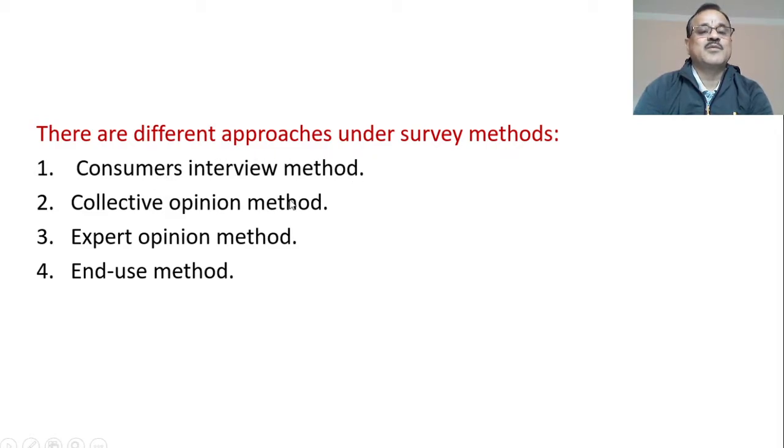And in the collective opinion method, the opinion of the public will be gathered to get the correct forecasting of the sales in the future. And expert opinion also will be collected in order to take a real basis of the forecasting. And in-use method, so input and output, you can say, the use of inventories and the output will be calculated to get the correct forecasting under this method.